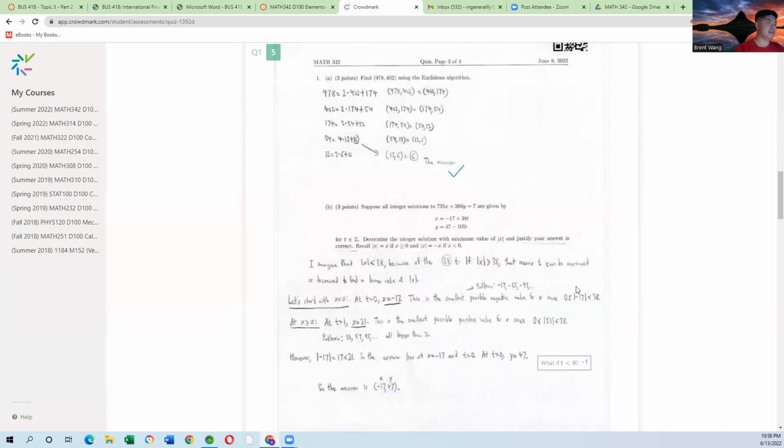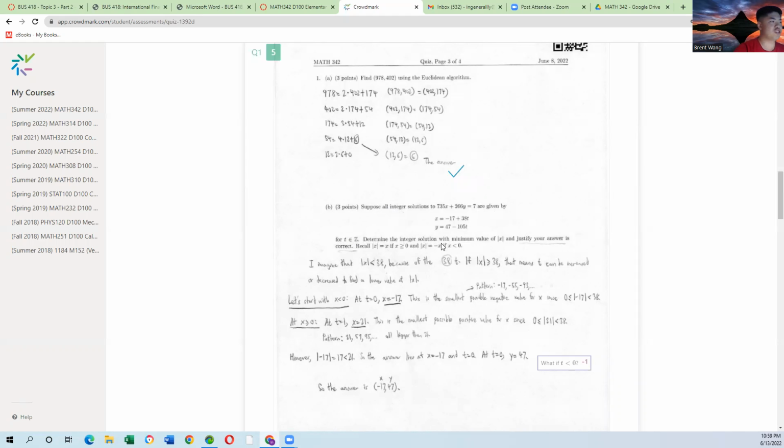For part B, this question was a little funny. I did pretty well on it. I got 2 out of 3, but I feel like I could have answered this question even as a 9th grader. The question was: suppose the integer solutions to this Diophantine equation are given by x is -17 plus 38t, and y is 47 minus 105t, for t an integer.